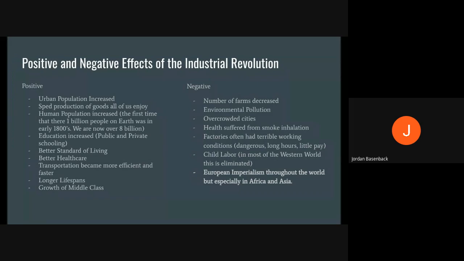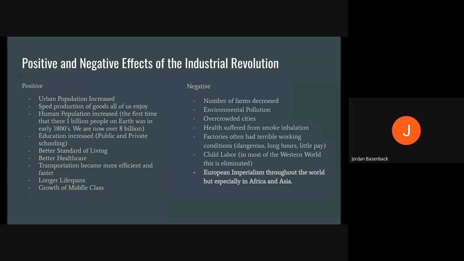And then also, like I said, in the first 100, 150 years, and in some places around the world, unfortunately, even to this day, factories often had terrible working conditions. They were dangerous, again, long hours, little pay. And then child labor as well, which luckily in the Western world is mostly eliminated in most every country.